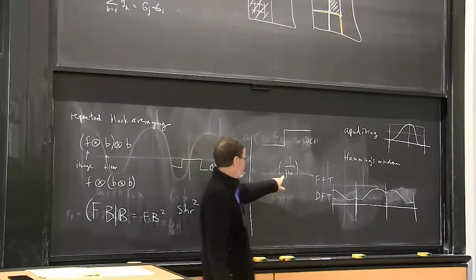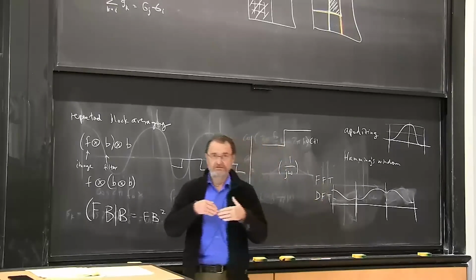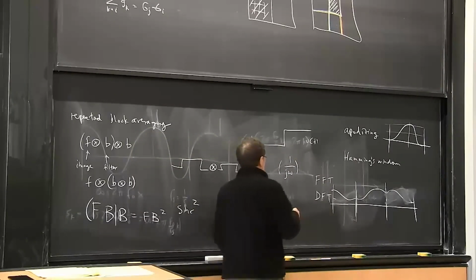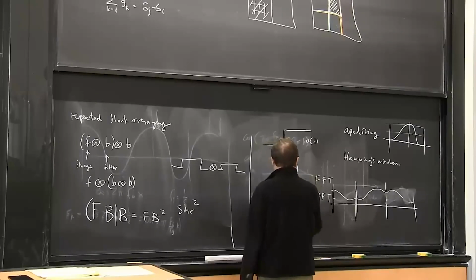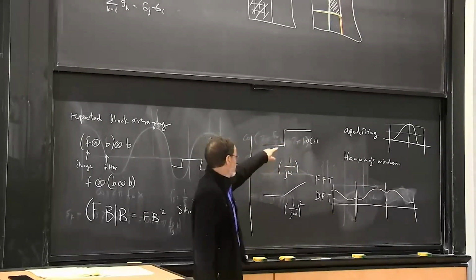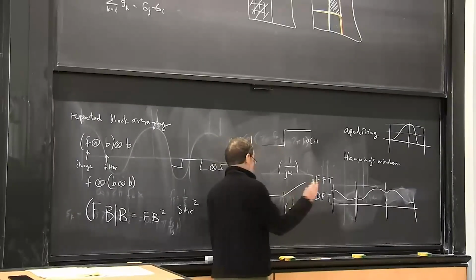So you don't get the 1 over j omega. There is potentially a discontinuity in the derivative, right? So that means we need to look at one over f squared. Where does that come from? Well, if we integrate the unit step function, we get the unit ramp, we can call it.